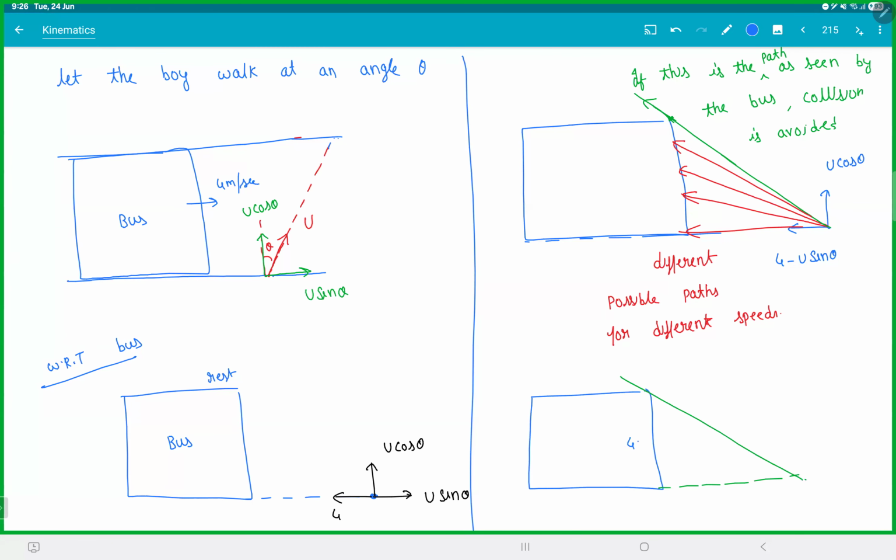Remember, this length is 4 meters. Remember, this length is also 4 meters. So this angle is 45 degrees. And you also have, this is u cos theta. And this thing is 4 minus u sine theta. So that also must be 45 degrees.